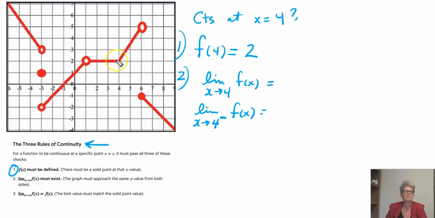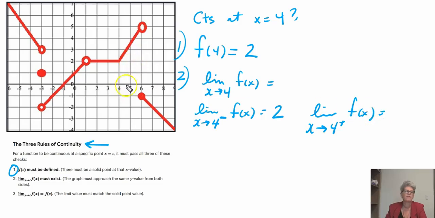I'm going to find some x values in a neighborhood close around 4, and look at the y values as I approach 4 from the left. What are the y values approaching? Well, the y values are all equal to 2, and they're approaching 2. So my left limit is 2. Now what about my right limit? What is the limit as x approaches 4 from the right?